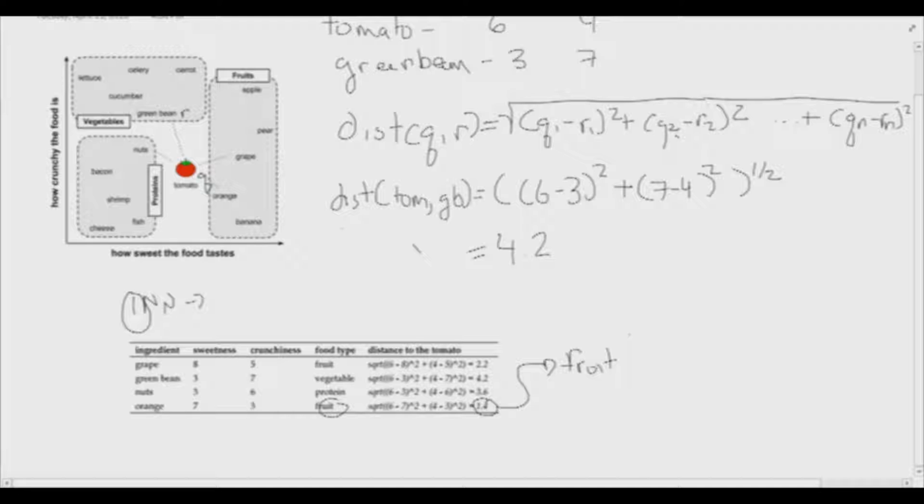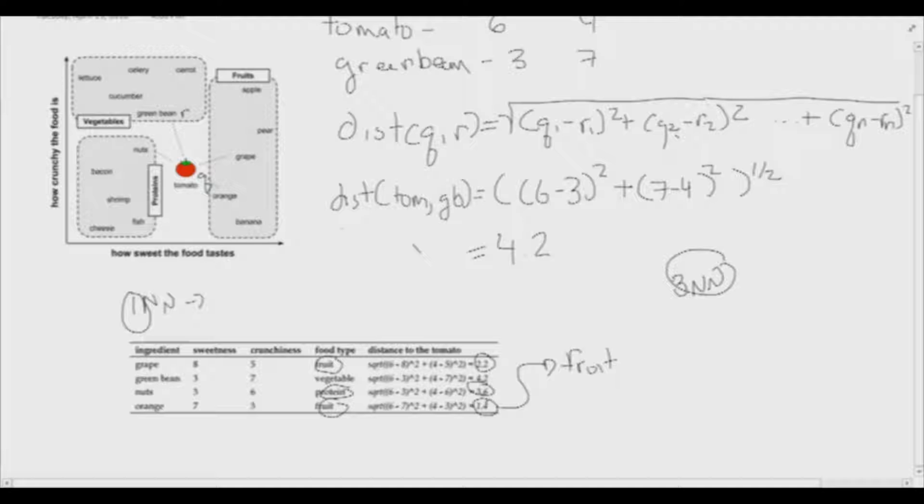Now let's say we use instead a higher k-value. So how would we do that? Well, it just changes the weighting. You still have to calculate all the distances. Let's use 3NN. Now we will take the 3 nearest neighbors. So that'll include the fruit. Who's the second nearest neighbor? The second nearest neighbor is the grape. And the third nearest neighbor is nuts, and that's a protein.